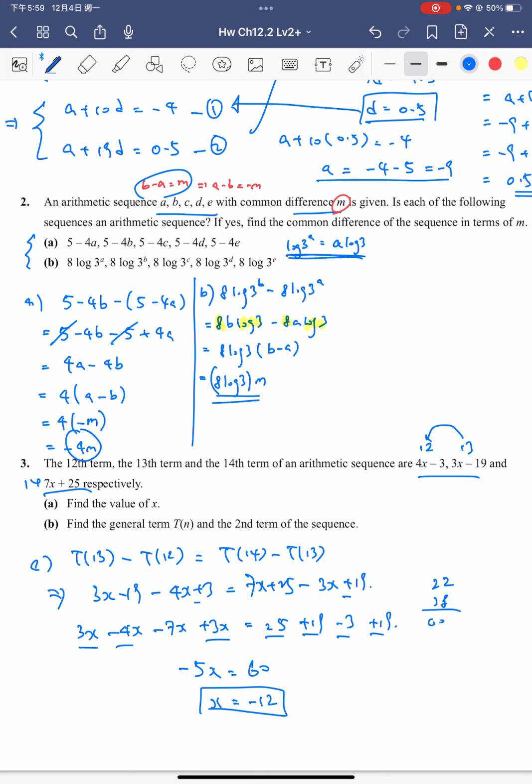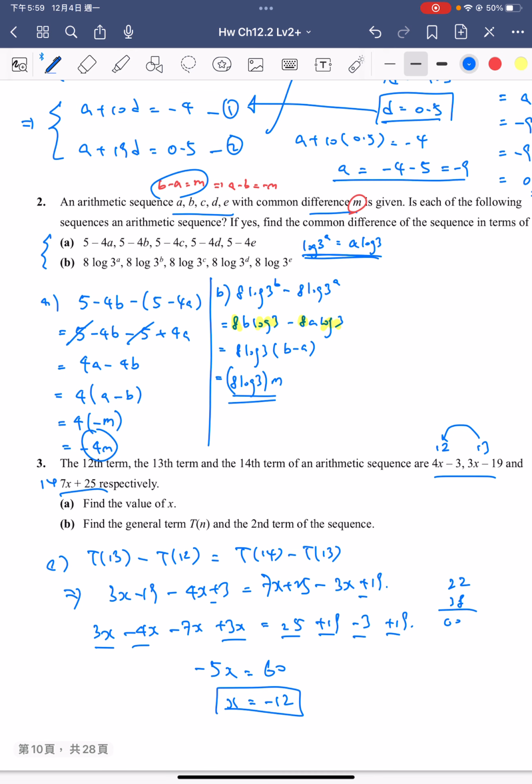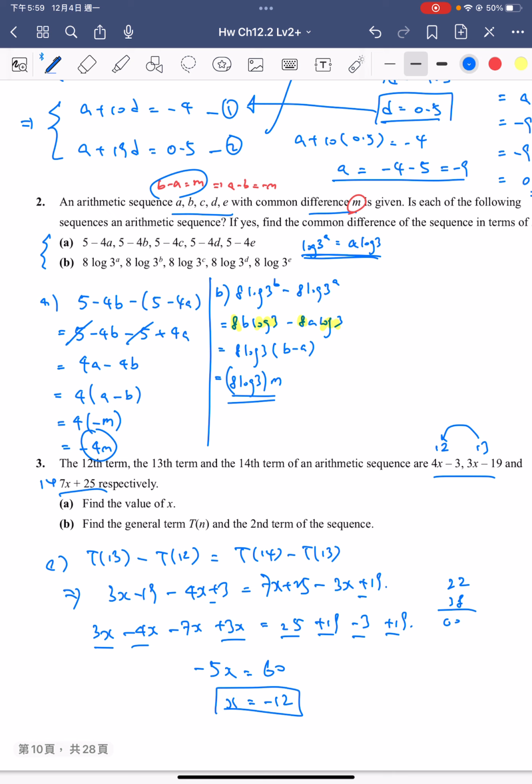Okay, so find out the general term Tn and the second term of the sequence. So how can we find out the general term? As we already have the x value, now we can say that T12 is just equal to what? It's just equal to 4 times negative 12 minus 3, giving you negative 51. And then similarly, we can find out T13.